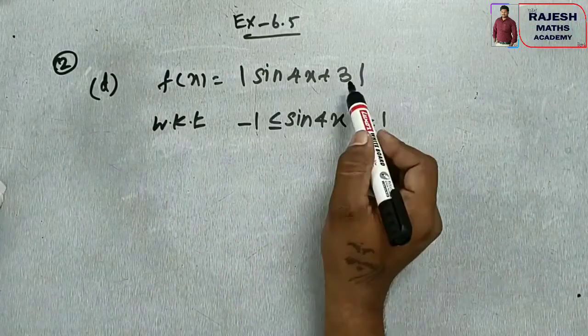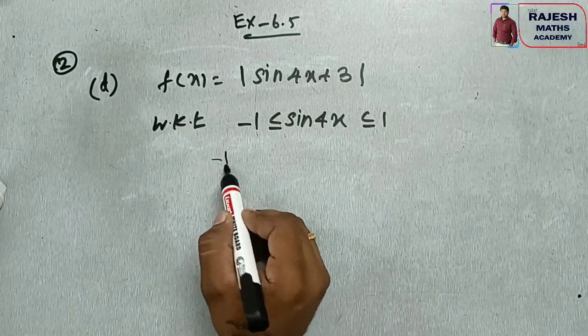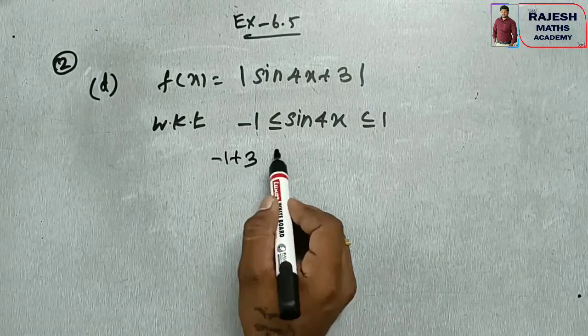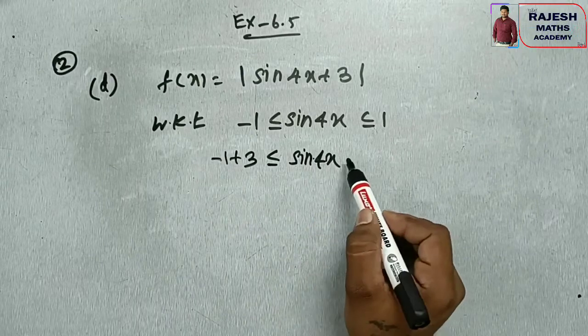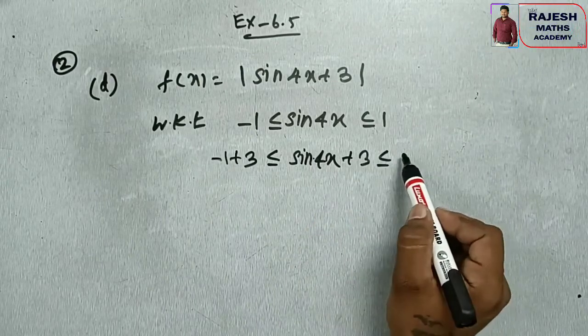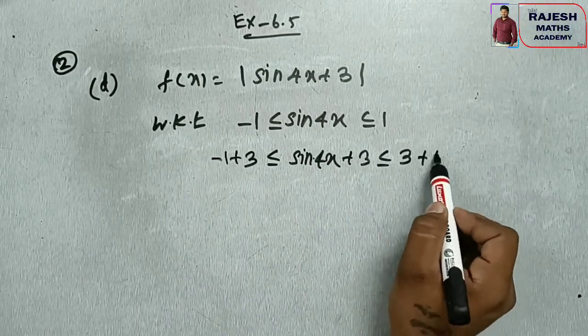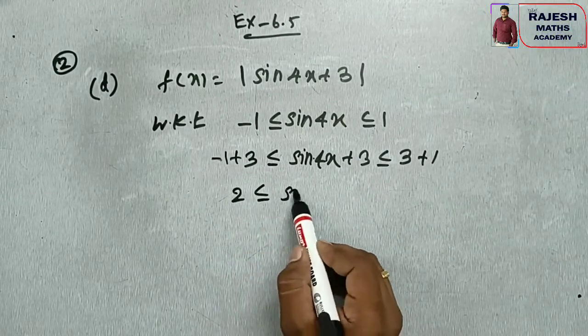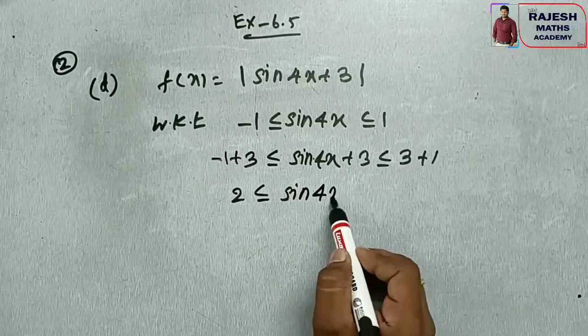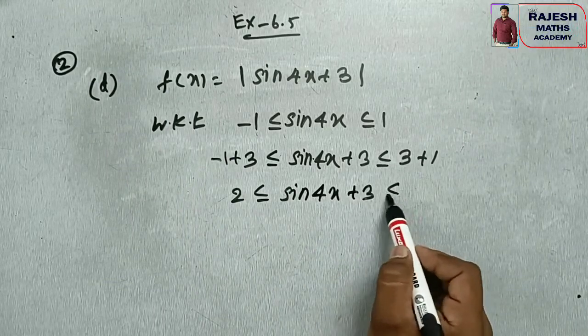I need the 3 on both sides, so I am going to add 3. So minus 1 plus 3 is less than or equal to sine 4x plus 3, which is less than or equal to 1 plus 3. Simplifying this, we get 2 less than or equal to sine 4x plus 3 less than or equal to 4.